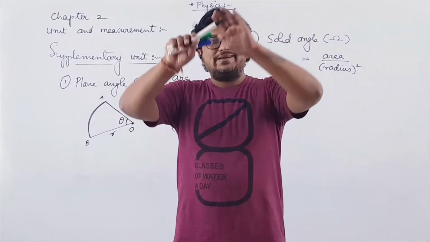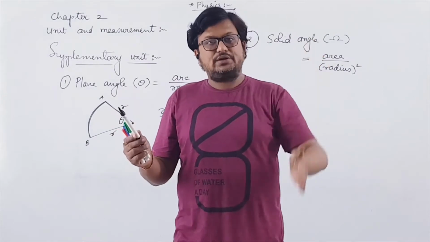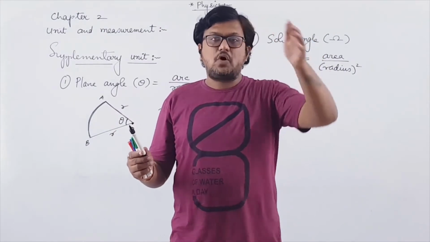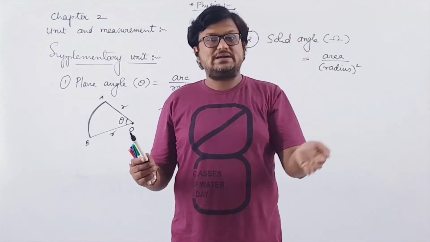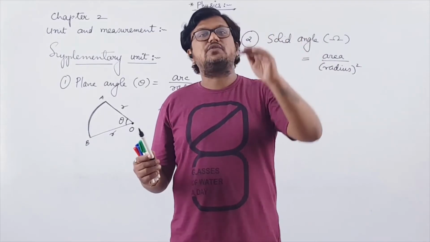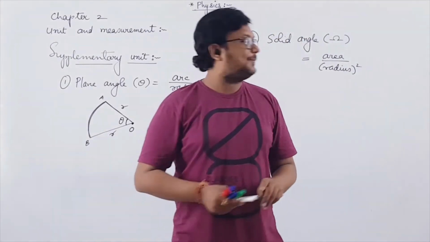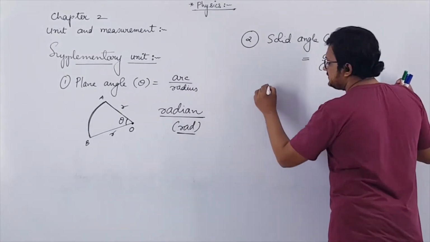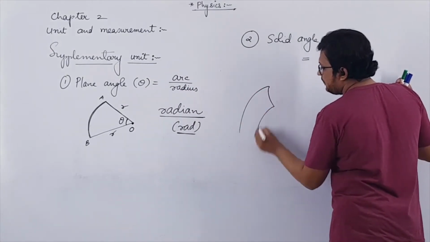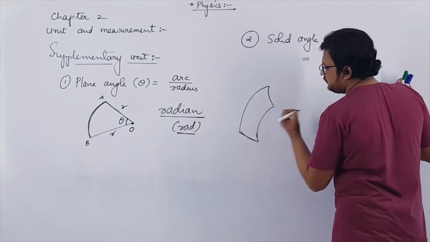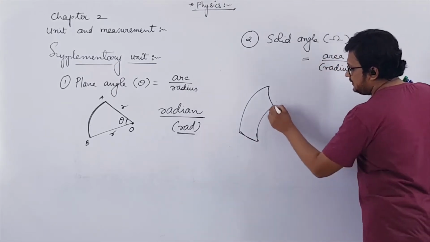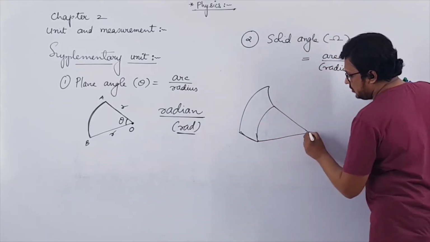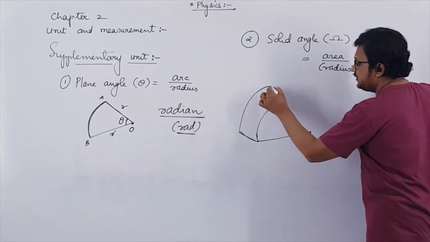If you consider a sphere and cut it, you will get a small curved surface. The area of that curved surface is known as the intercepted area. Let us say this is the curved part of a sphere which we have cut, and this is the apex O, the center of that imaginary sphere.